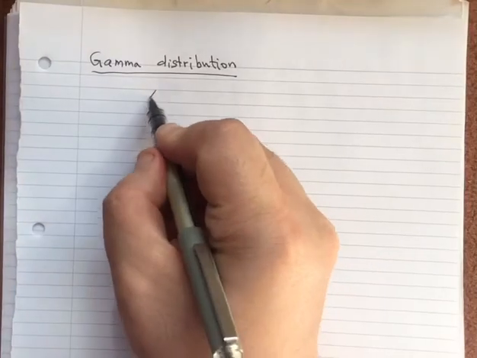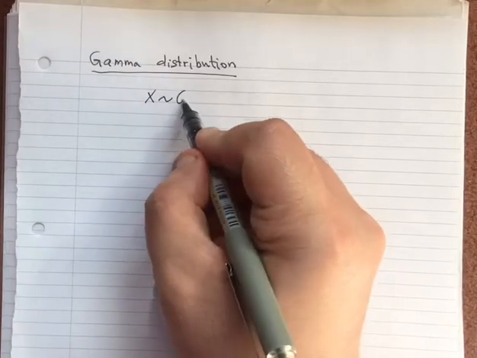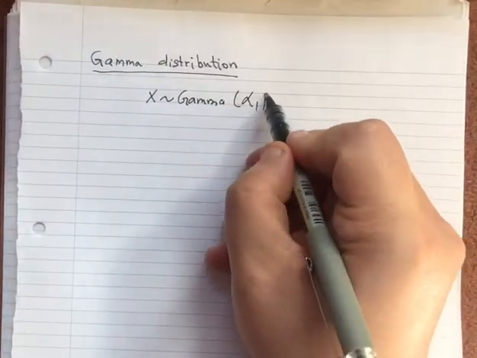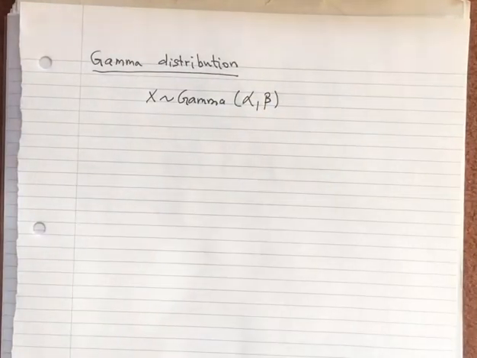So let's start with, suppose x is gamma with alpha and beta, two parameters here.